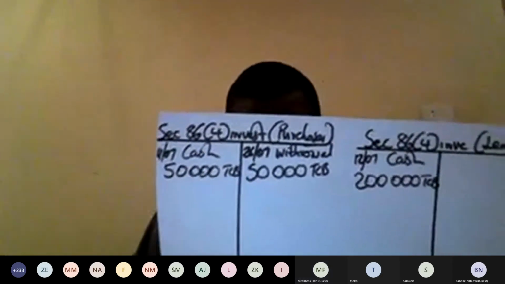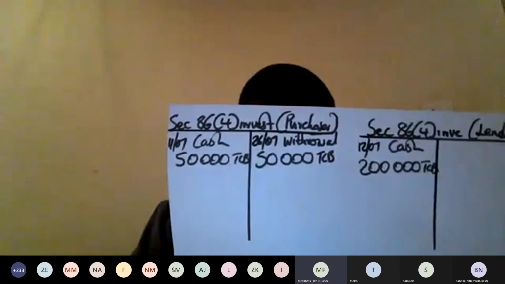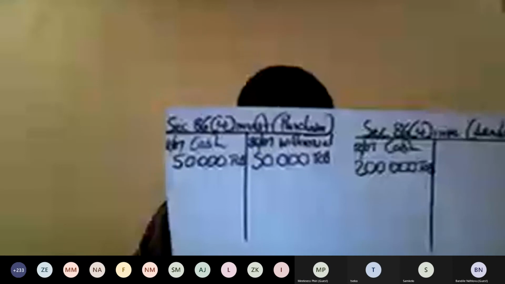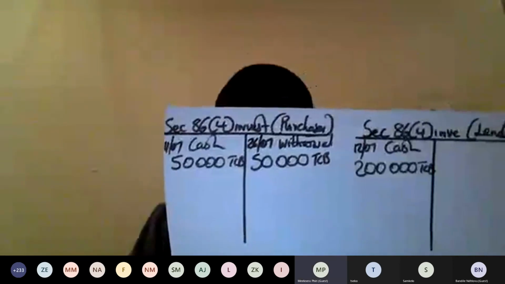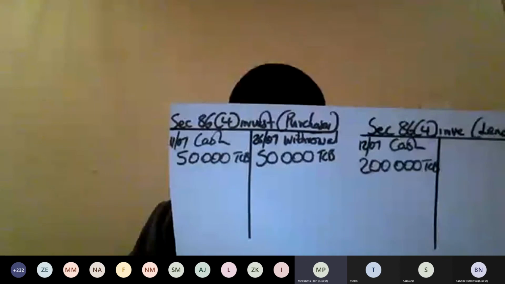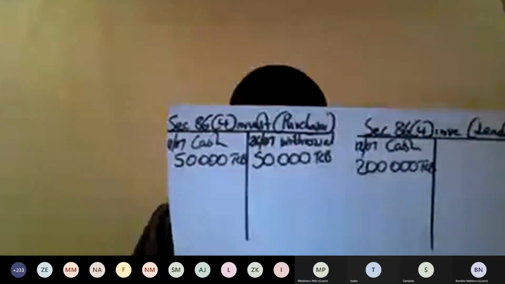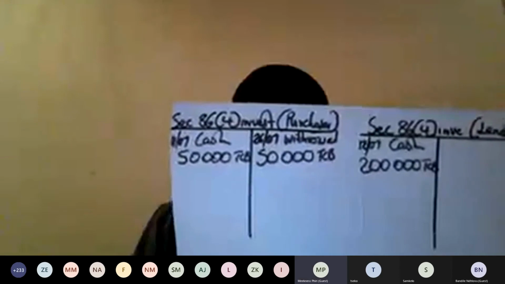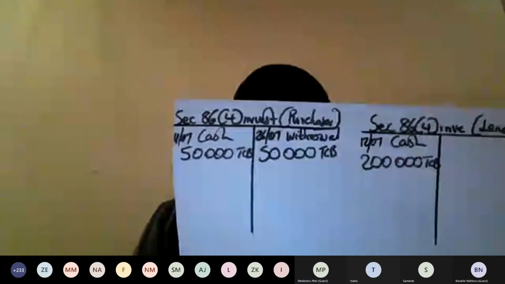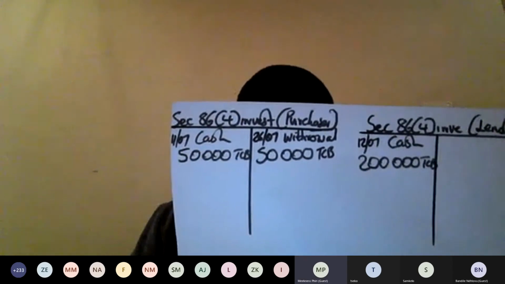Now you go on your trust cash book on the debit side, which is the left-hand side. Start with the date, 26th of 7. Section 86, investment for the purchaser, 50,000 rands.